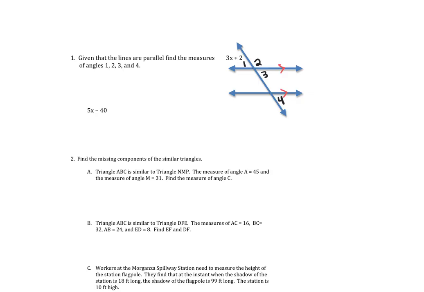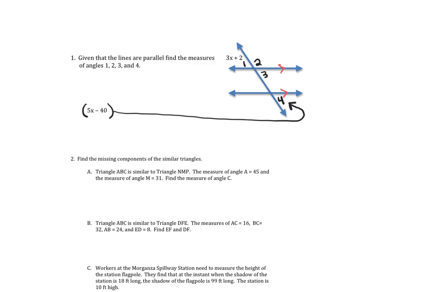I'm also going to see here that this 5x minus 40, that little quantity here, I'm going to put on this side right here. It looks like that just got shifted over in the formatting. So here's what we know. It doesn't matter where I would have put that, we would have been able to find the measures.